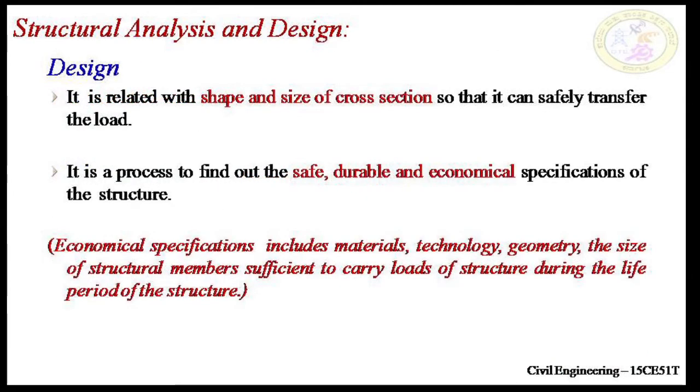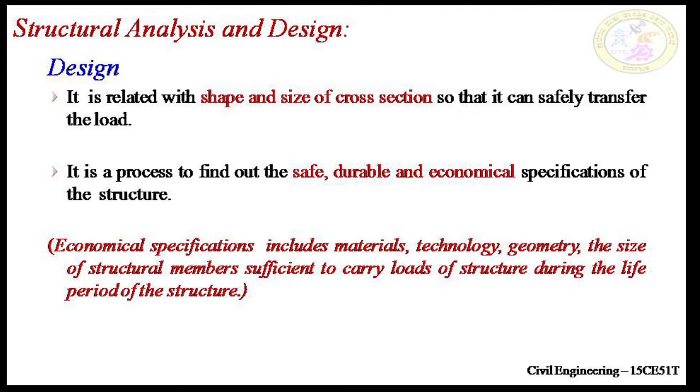Whereas design is related to the shape and size of the cross section so that it can safely transfer the load. It is a process to find out the safe, durable and economical specification of the structure.